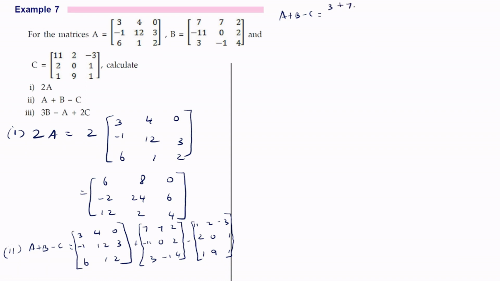So it is 3 plus 7 minus 11, then 4 plus 7 minus 2, then 0 plus 2 minus of minus 3 plus 3, then it is minus 1 minus 11 minus 2, then it is 12 plus 0 minus 0, then it is 3 plus 2 minus 1, and next we have 6 plus 3 minus 1, 1 minus 1 minus 9, then it is 2 plus 4 minus 1.